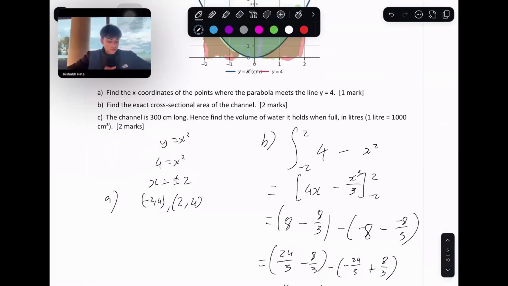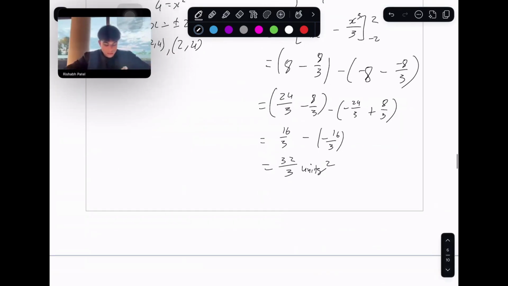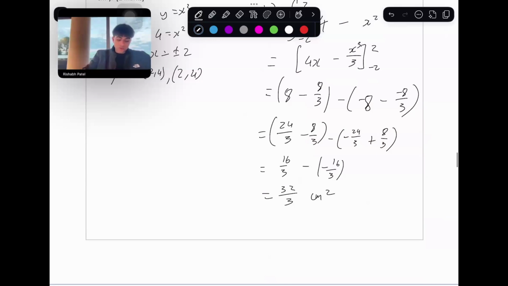So we'll move on to the last part, which is the channel is 300 centimeters long, hence find the volume of water it holds when full in liters. They've told us that it's actually in centimeters, so that means the cross-sectional area is actually not units squared, it is centimeters squared. We know the formula for volume is the same as area times length, for something that's like a prism.